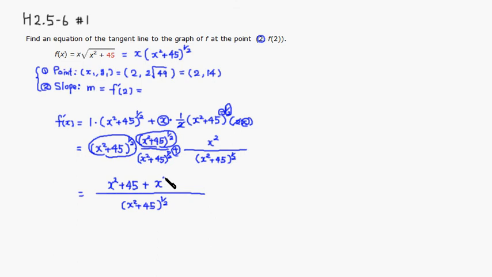So we can rewrite this by putting x squared and x squared together: 2x squared plus 45, over the square root of x squared plus 45 in the denominator, since the 1/2 power is the square root. So that's the derivative.